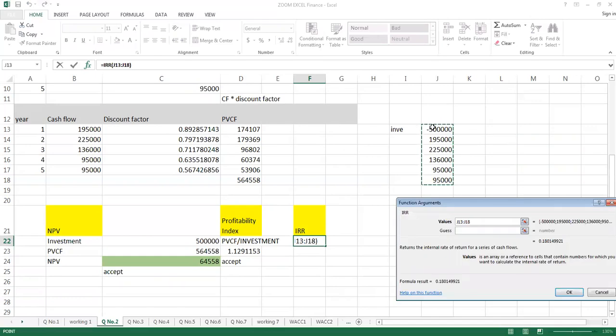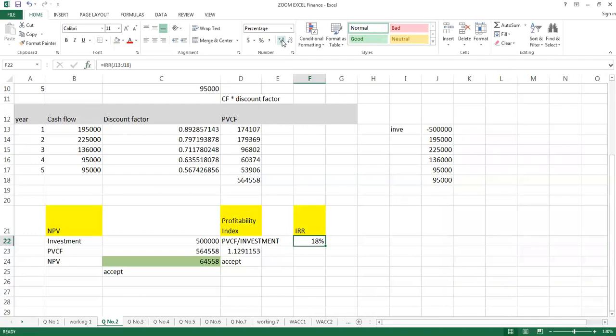Again, when you drag it, take care that the first amount that you are showing as investment should be negative, and all the amounts after that should be positive, showing your cash inflows. If you make no mistake, then the result will appear here. Once you are satisfied that you have taken complete control of the data, just click it and get your IRR.